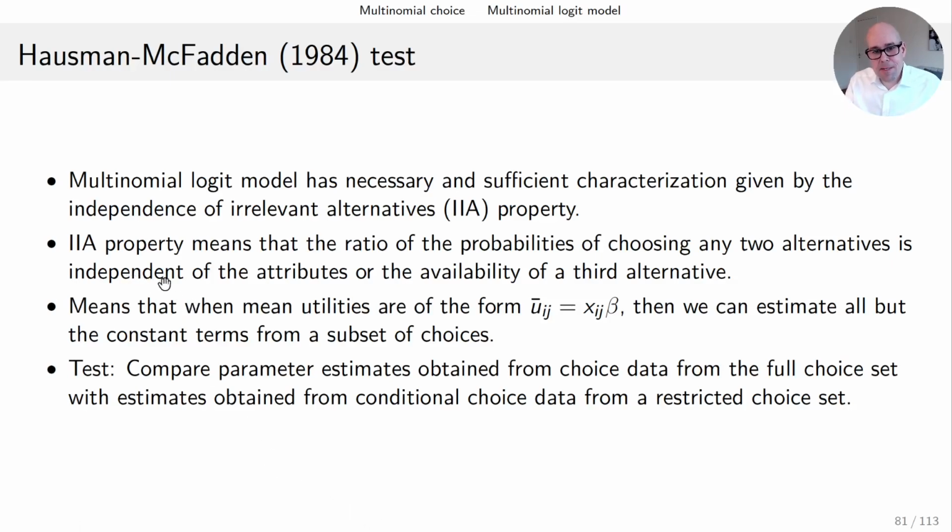What the IIA property means, and this brings us back to the test: if we can't reject the null that IIA holds, then we can make use of it. So how does the test work? It says, okay, when IIA holds, and when mean utilities are of this form, so linear in characteristics and parameters, then we can estimate all but the constant terms from a subset of choices.